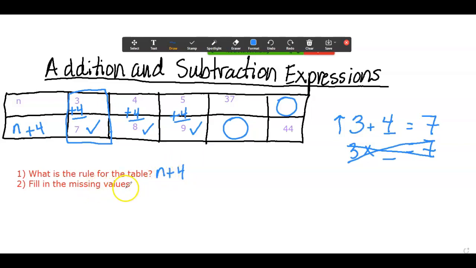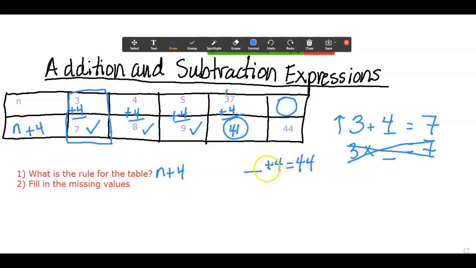So now I have to use that information to fill in the missing values. For this, 37 plus 4 equals... 7 plus 4 is 11. I regroup, so 41. So 41 is the missing piece. Now on this one, I don't have the first part, but I do know that I have to add 4, and I have to get 44.